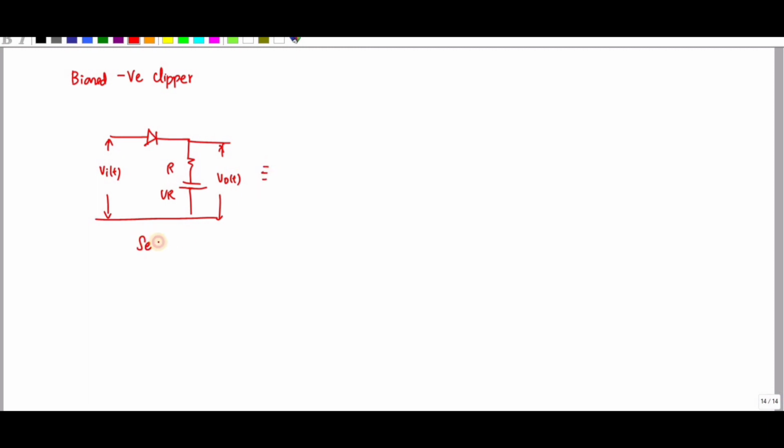Here it is a series biased negative clipper, and this one is similar to resistor followed by a diode and bias. Both the circuits are the same.